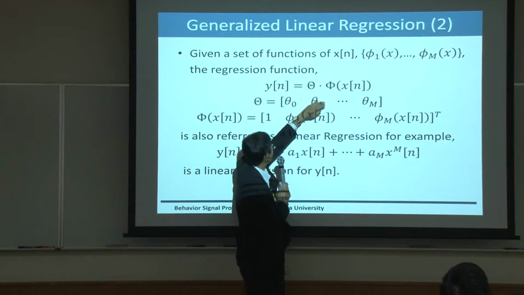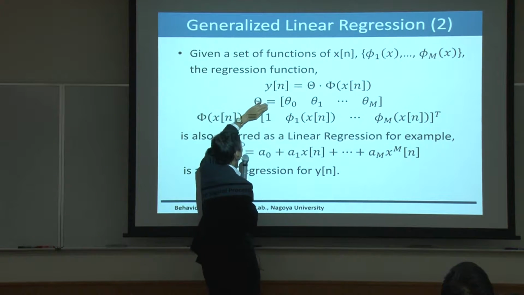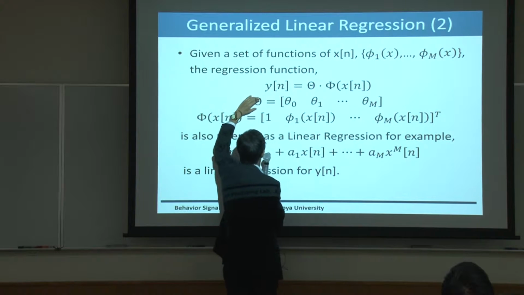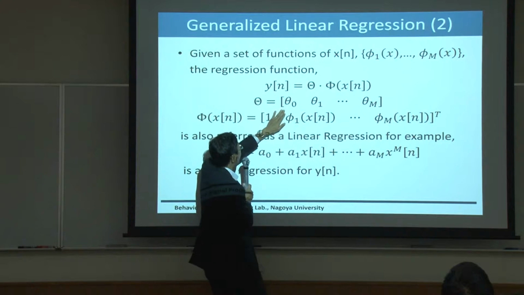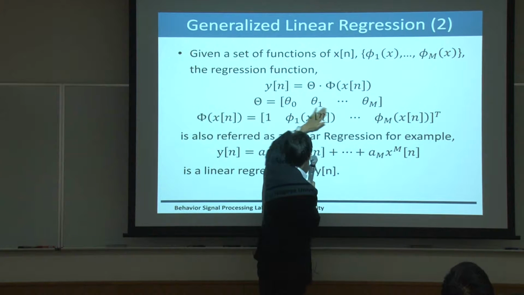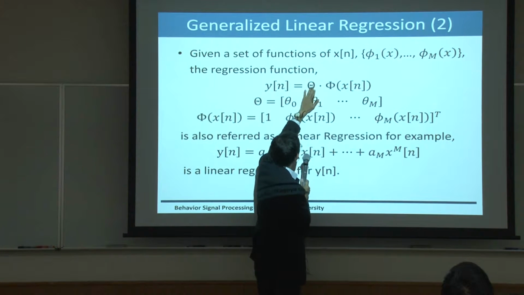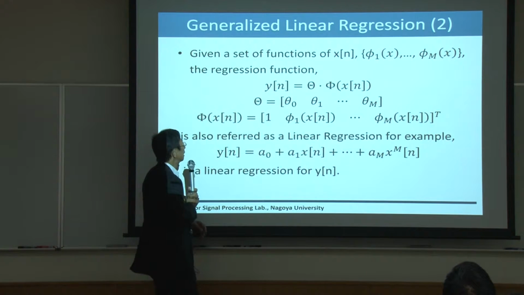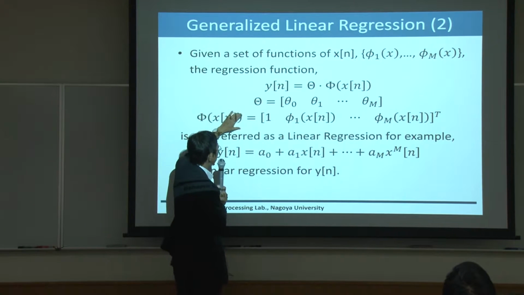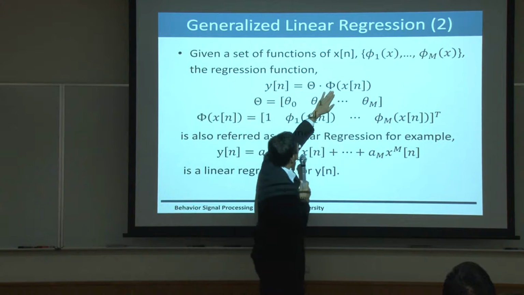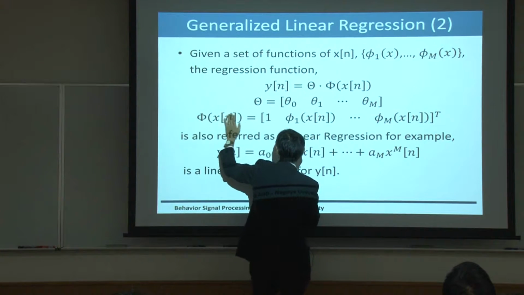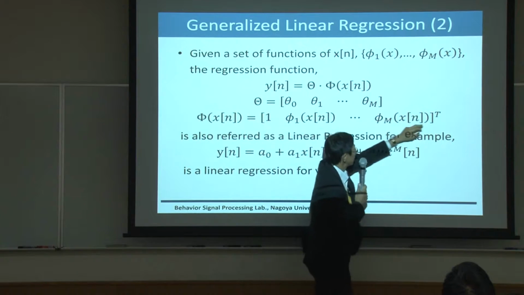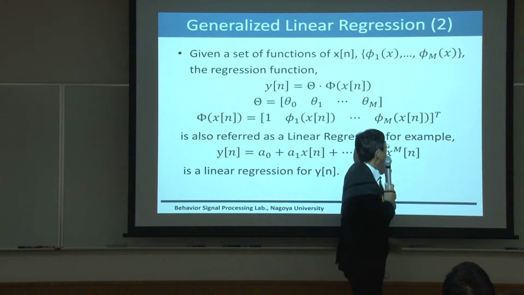This is linear because I am intending to show a vector like here by capital theta, and capital phi also represents this, but in this case the transpose.